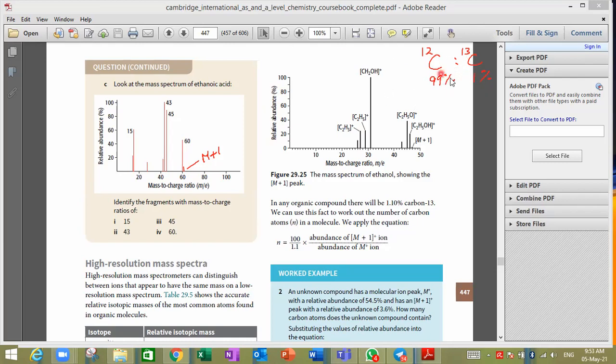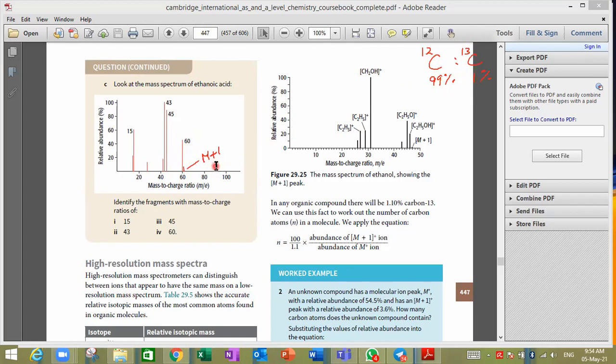That's why in most of our mass spectra we get only the molecular ion peak. But sometimes one of the carbon atoms in the molecule is a carbon 13 atom, not a carbon 12 isotope, and in that case we get the molecular ion plus 1 peak.